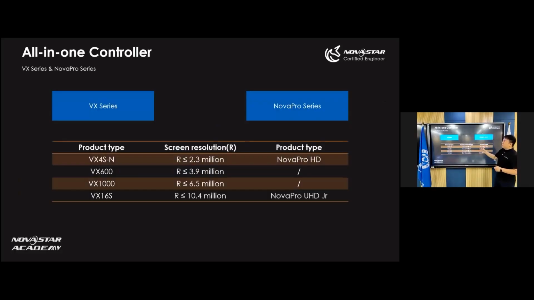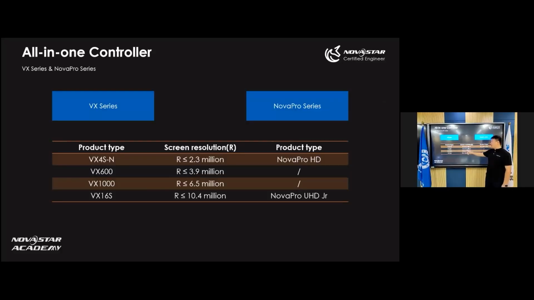Okay, here I also divide them into the VX series and the Nova Pro series. If the screen resolution is within 2.3 megapixels, we can just select the VX4S or the Nova Pro HD. If the screen resolution is within 3.9 megapixels, we can choose the VX600.